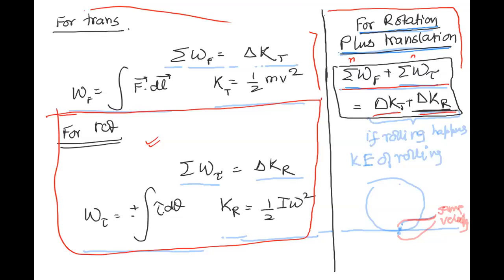And this may happen the other way around as well. The kinetic energy of translation may become zero, but the kinetic energy of rotation may or may not become zero. How do I conclude this? How do I know which one is going to be zero and which one is not?